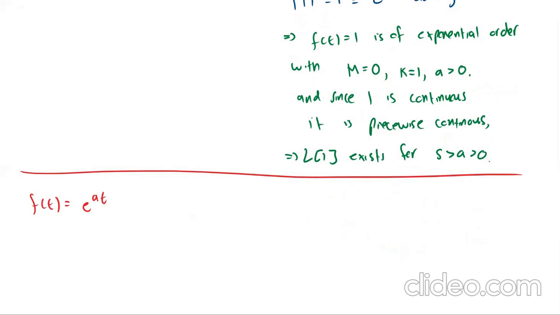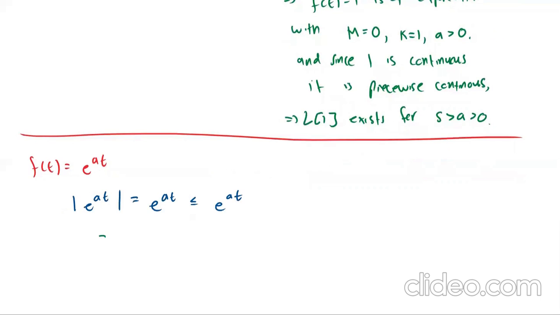This is obviously of exponential order, because we can say the absolute value of e to the at, as long as a is greater than 0, is going to be above the x-axis. This is just going to be itself, which is less than or equal to itself. Everything is less than or equal to itself.